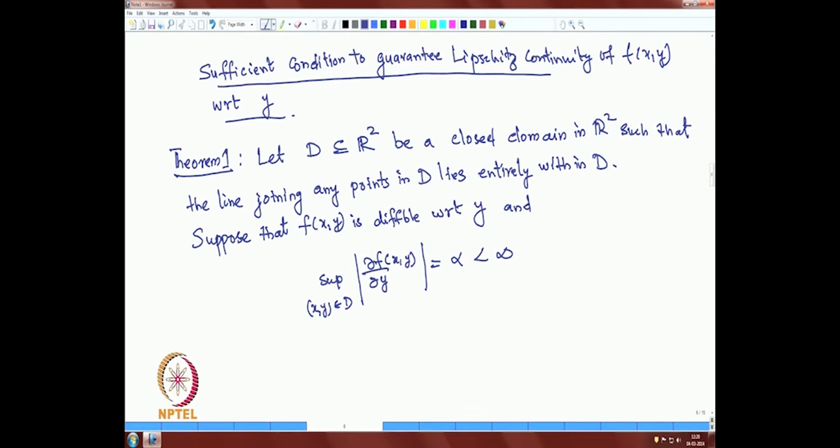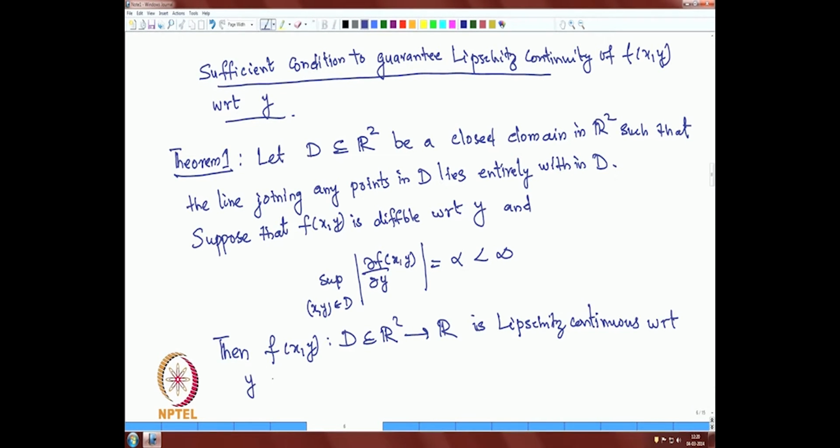If the partial derivatives are bounded in this sense, then the conclusion of the theorem is that f(x, y), from D to R, is Lipschitz continuous with respect to the second argument y on the domain D with the Lipschitz constant alpha.